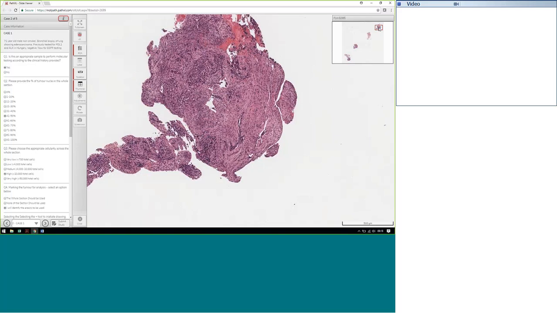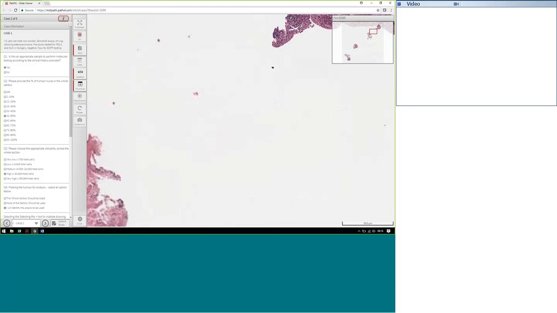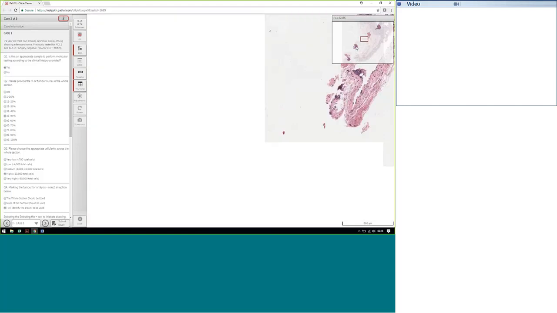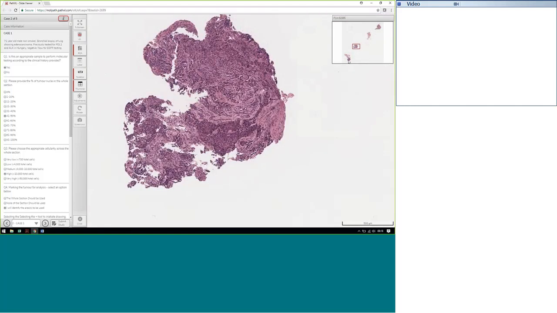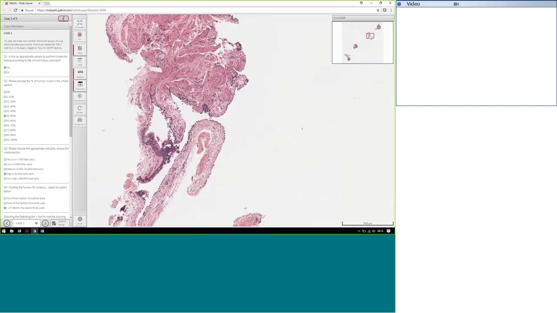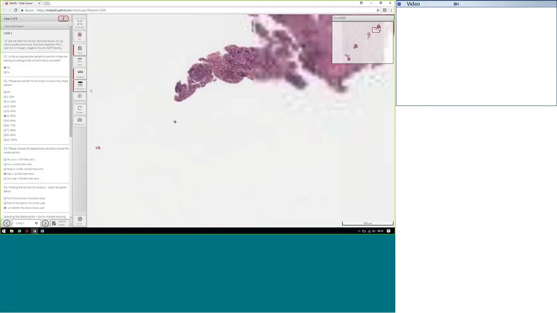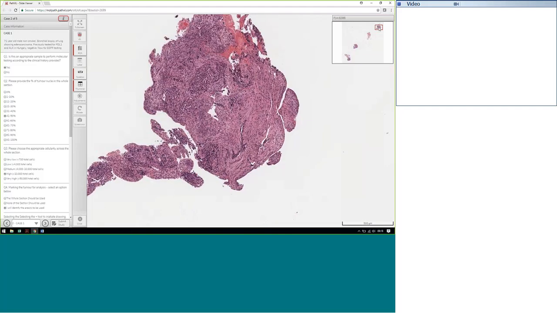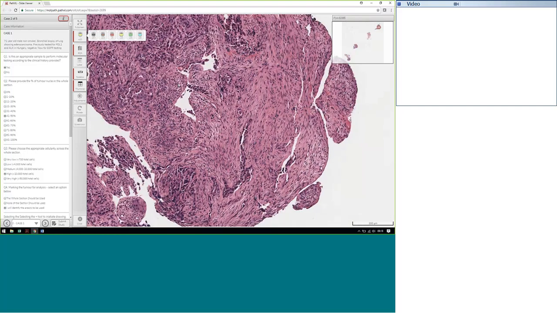If we call this piece 1, piece 2, 3, and 4, we can see that piece 2 doesn't contain any tumour. However, the other 3 pieces do contain tumour, but it's well mixed within this inflammatory background and stroma content.